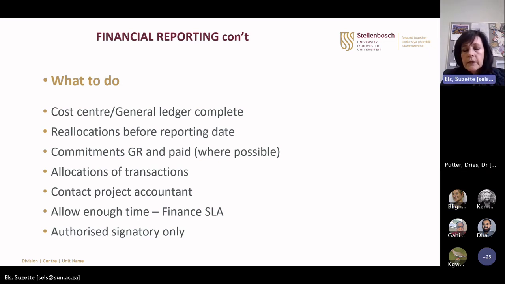Okay, so the ICRR, the indirect cost recovery rate of the university, is 20% on income. 20% on income equals 25% on direct cost. If you make that calculation, you will see it's the same. So the moment the funding lands in your cost center, the university will take 20%.